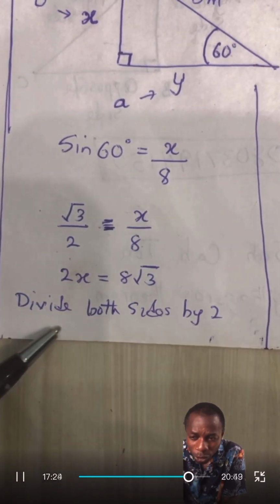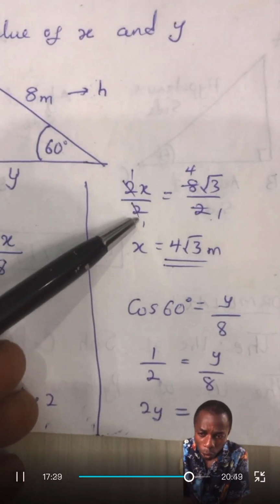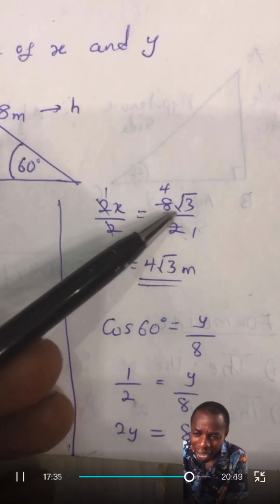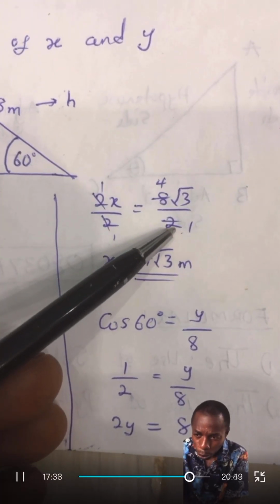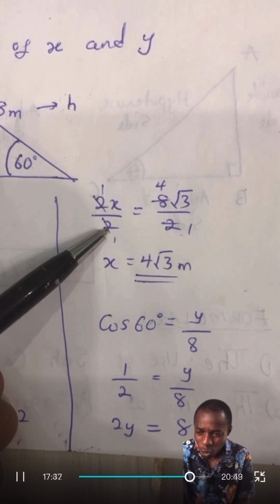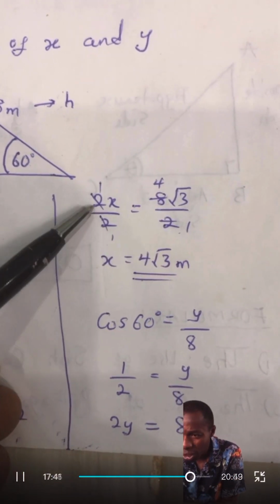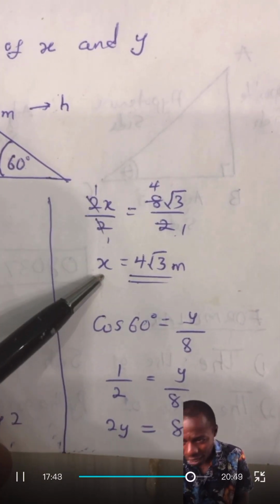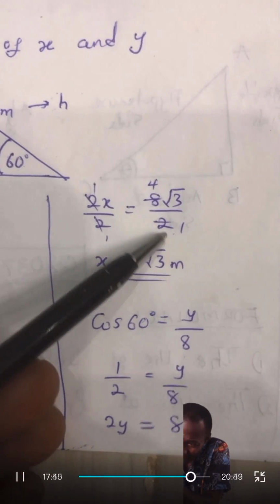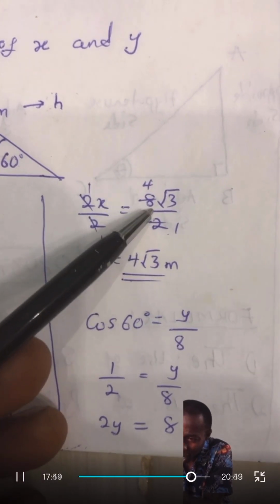What do you do? You divide both sides by 2, meaning under that 2x you put 2, and under 8√3 you put 2 also. Whatever you do on the left hand side, you must do the same thing on the right hand side. So 2 divides 2, you are left with x, and 2 divides 8, you end up with 4.